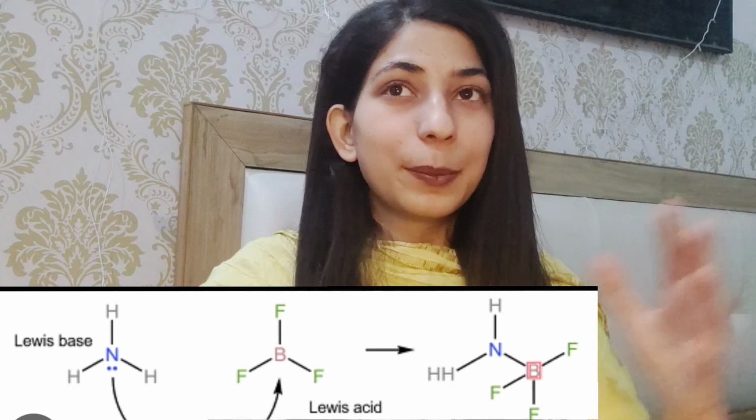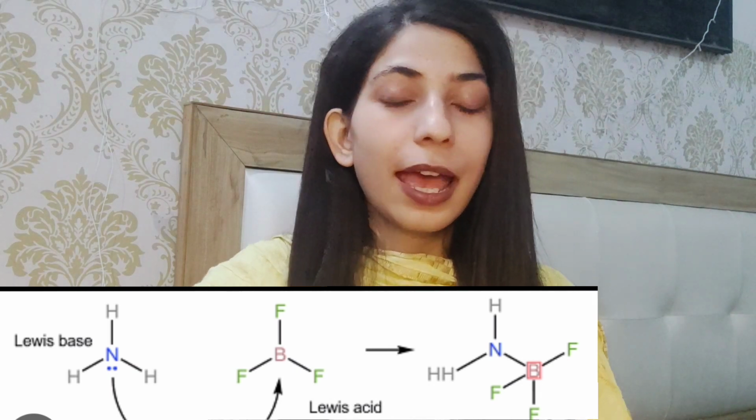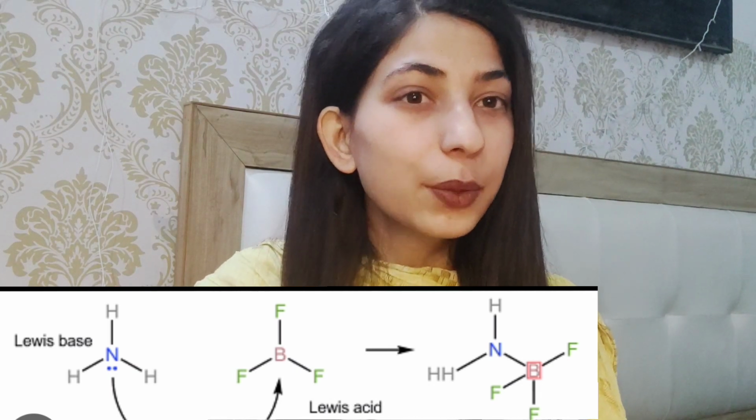Basically, BF3 accepts an electron pair and NH3 donates the electron pair. What's the application of this theory? It is used widely in catalysis and complex formation. With this we are done with all three major theories of acids and bases.